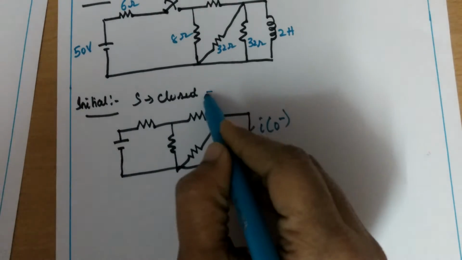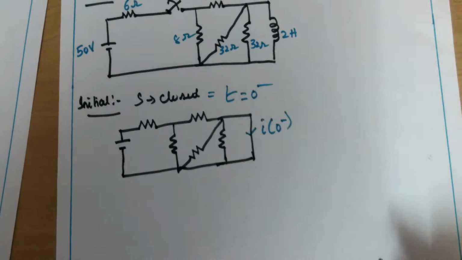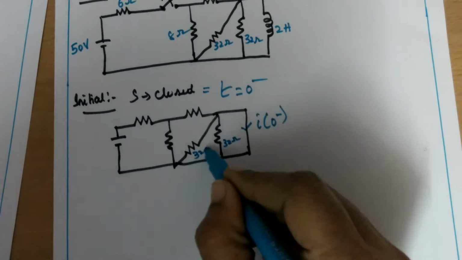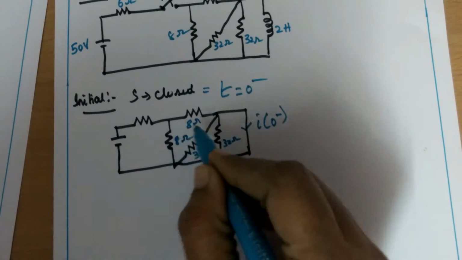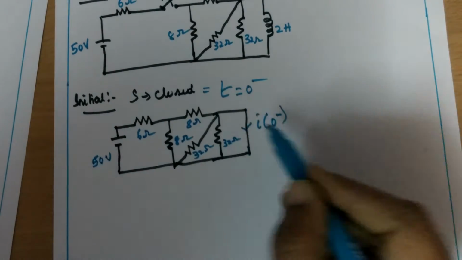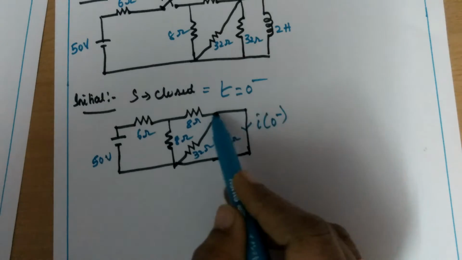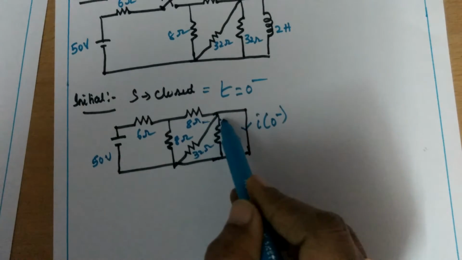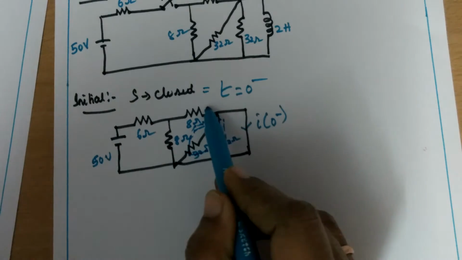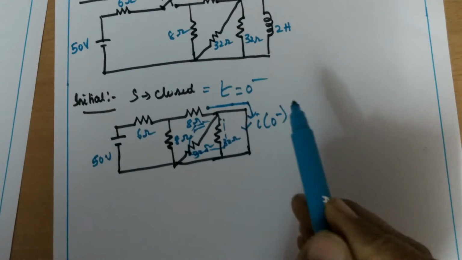What is the initial condition? It is t equal to 0 minus. So I of 0 minus, here it is 32 ohms, 8 ohms, and here also 8 ohms. This is 6 ohms. S is closed, 50 volt. When the terminal is short circuited, we can discard these two resistances because current will pass directly through this short circuit.